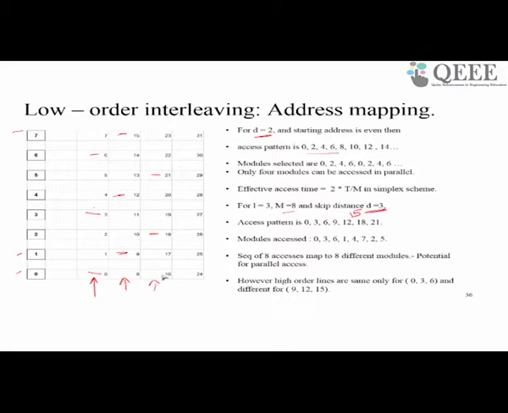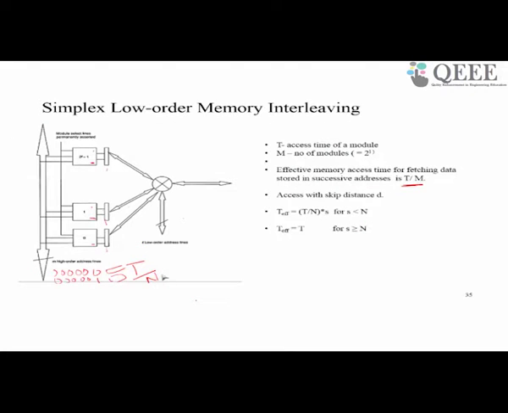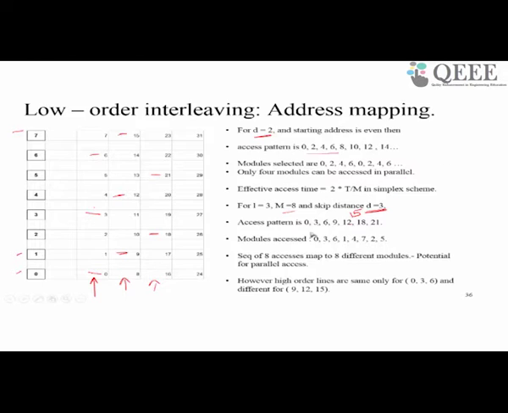So in this mechanism called simplex low order memory interleaving, if we have a skip distance of s, then the effective access time will be t by n into s. So in this case, t by 8 into 3. As long as the skip distance is less than n, this is okay. If it is more than n, at any given time only one module can be fetched.